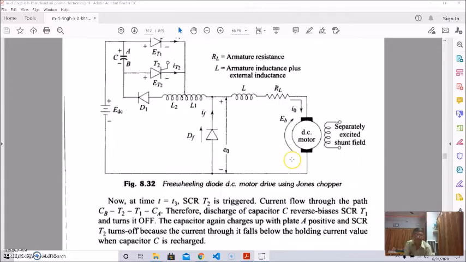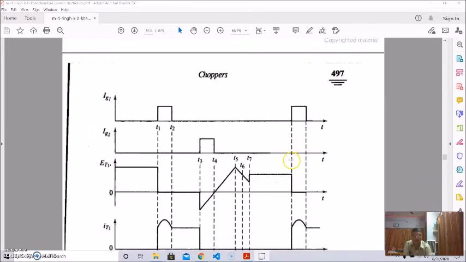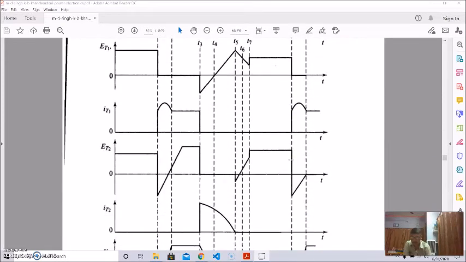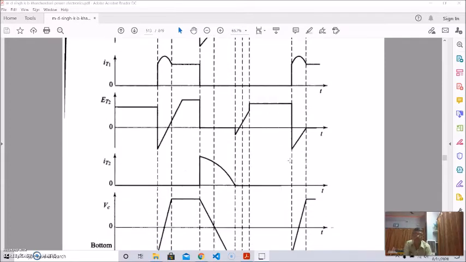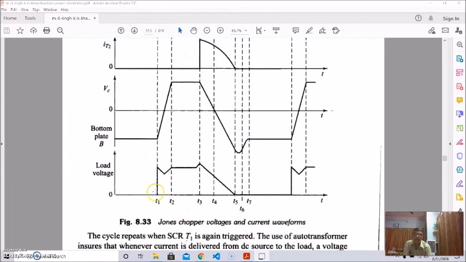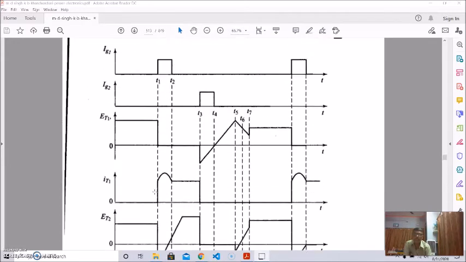As shown in this waveform, say SCR T1 is triggered at time t equal to t1. This is the gate signal given to T1, and T1 is triggered.